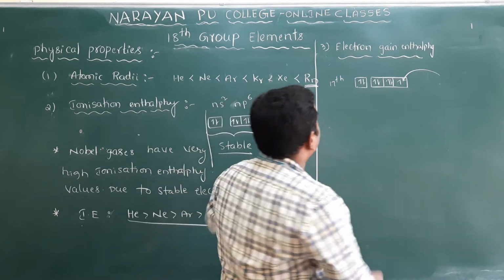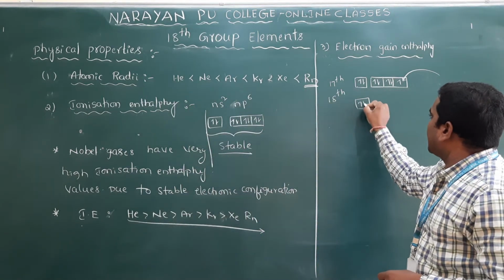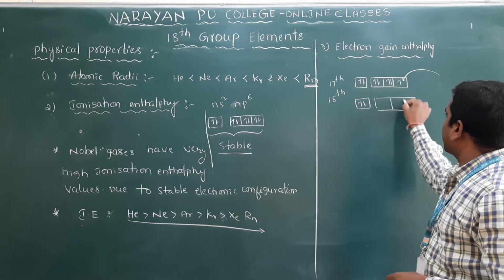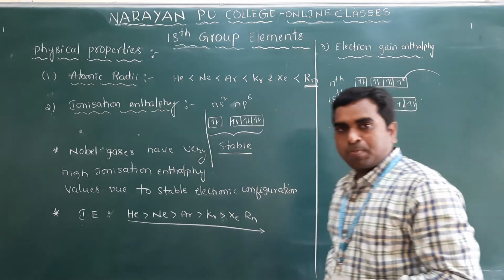But if you take the 18th group elements, what is the electronic configuration? ns2 np6. Clear?